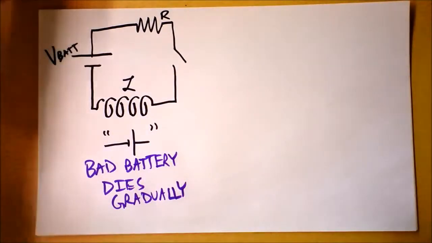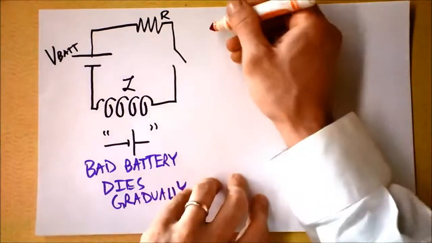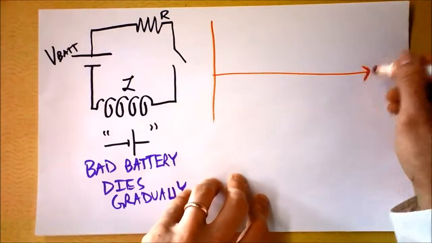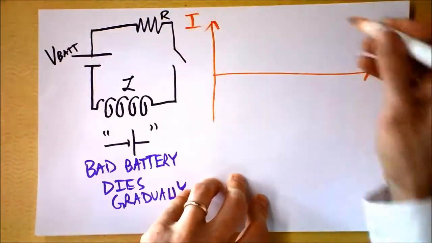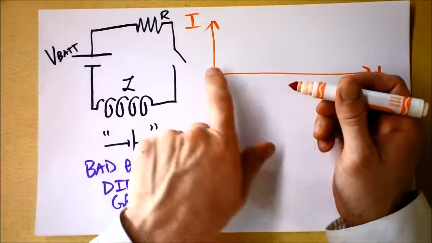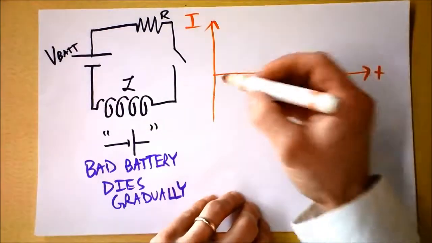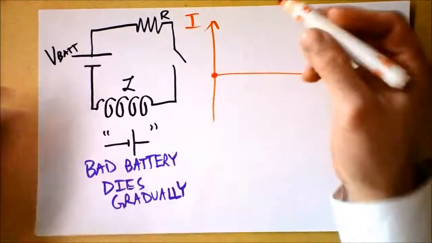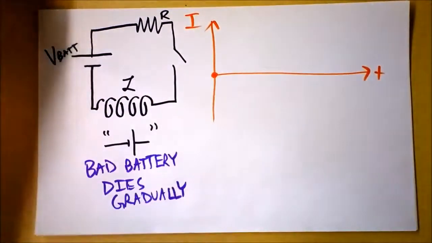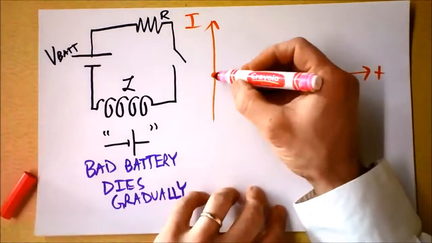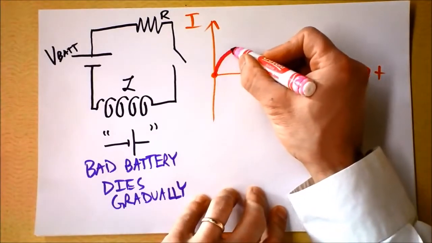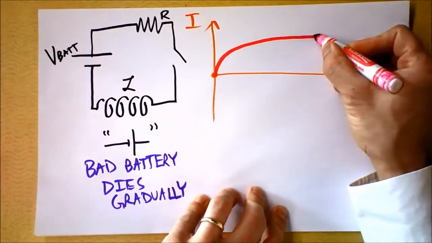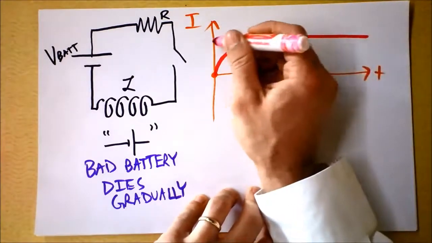So here we are. Let's get ourselves a little graph. I want to get a graph of current as a function of time if I close this switch. It's going to be doing this. It'll go from here, I should get a different color on that plot, right? This is called infrared. Yeah, I bet it's not actually infrared. And it will asymptotically approach some current here.